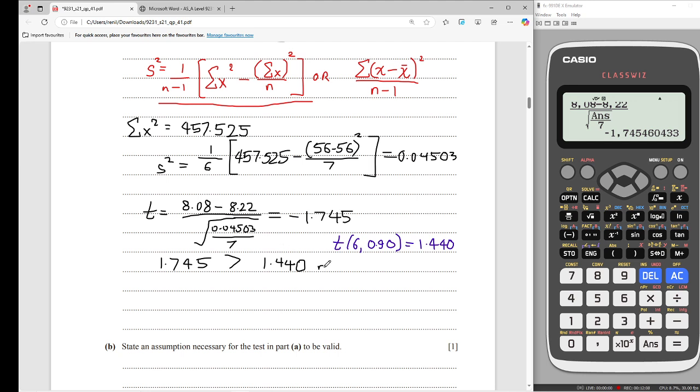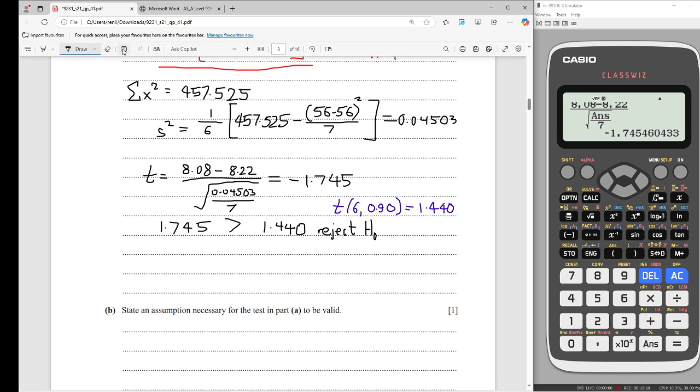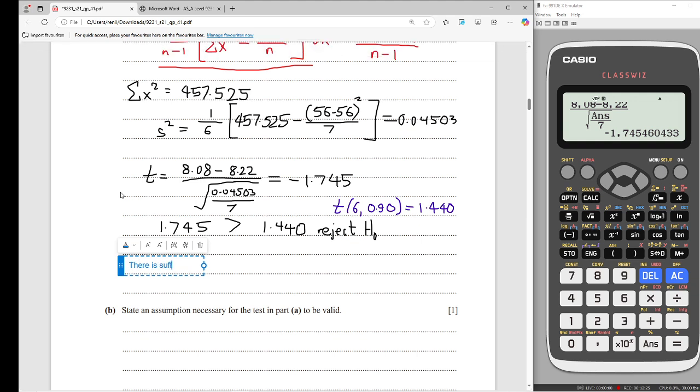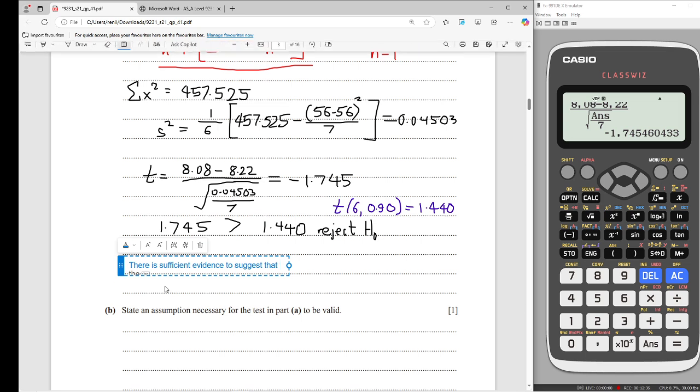So let's write reject H null. Okay, whenever we reject H null, there's a certain structure that we follow. That is, there is sufficient evidence to suggest that, and then we write our alternative hypothesis.